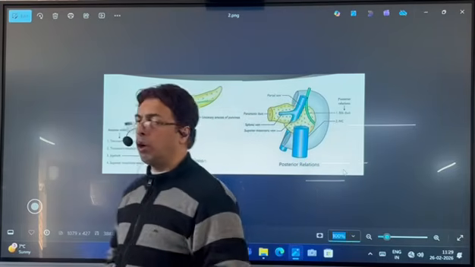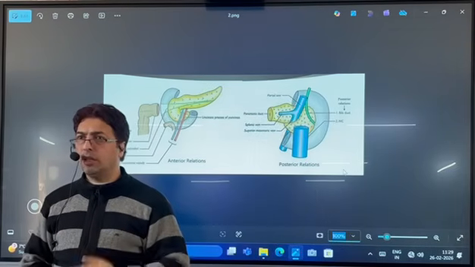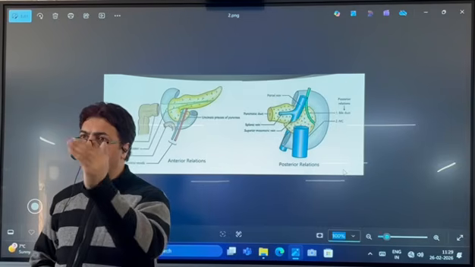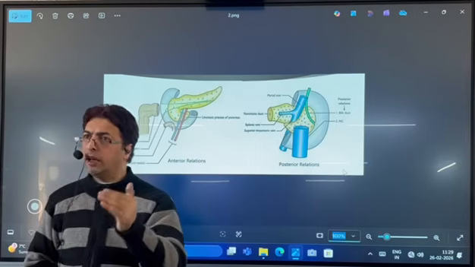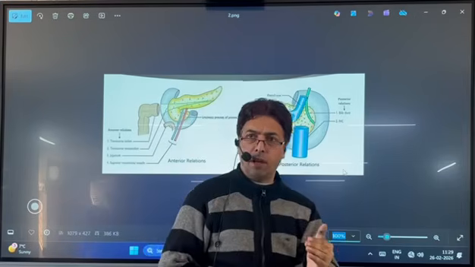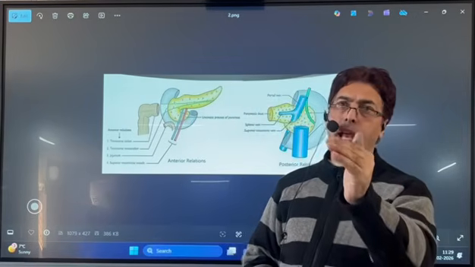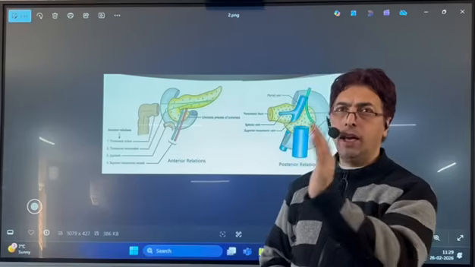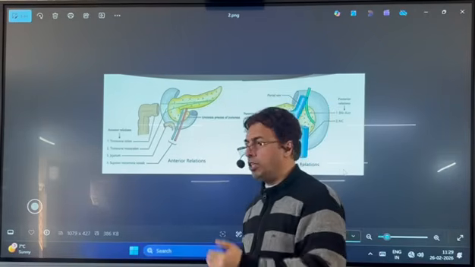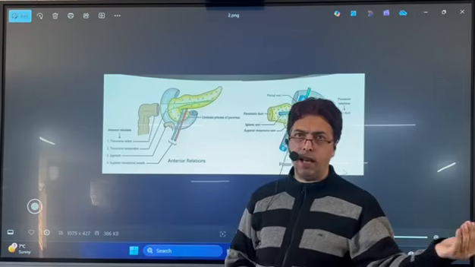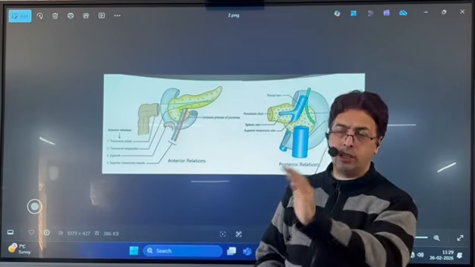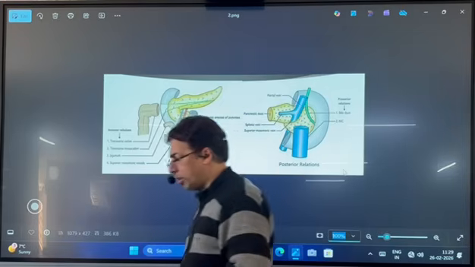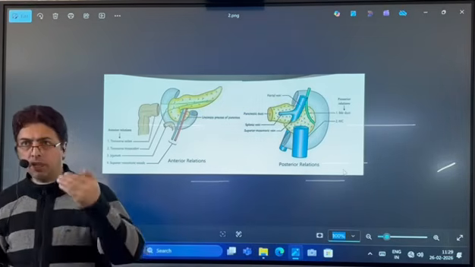Posteriorly lies the left kidney, the left renal vessels, the left crus of the diaphragm, and a part of the abdominal aorta, because now we are moving towards the left side. So you can imagine, towards the head there was something else, towards the body there is something else. That is important.